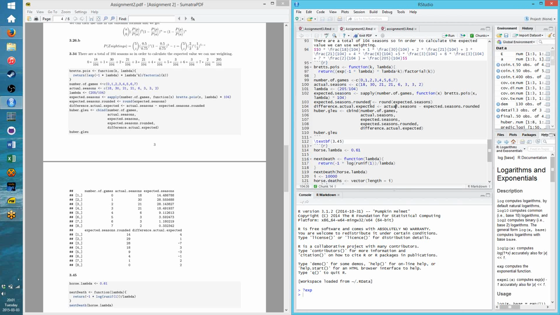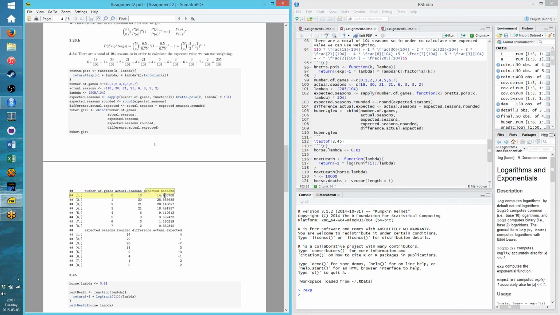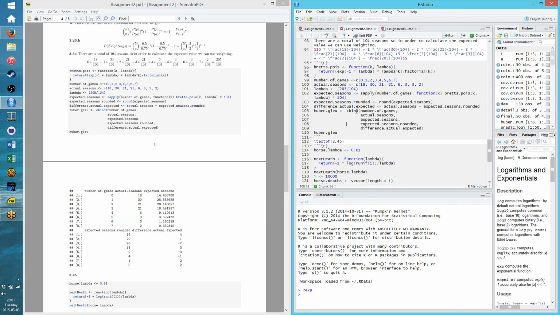And then I rounded it, because you can see in the actual result I have the expected seasons here, but I also have the rounded seasons, because it doesn't make much sense to estimate that there are 14.48 seasons where you have X amount of no-hitters, because that doesn't make any sense in real-world terms.